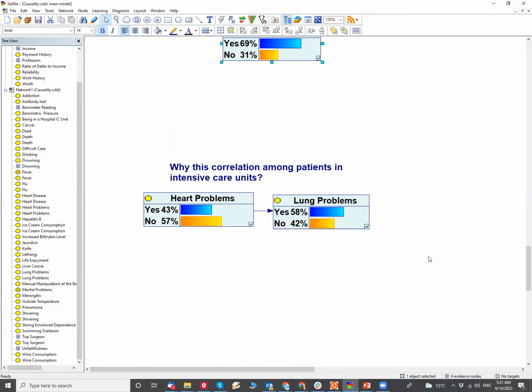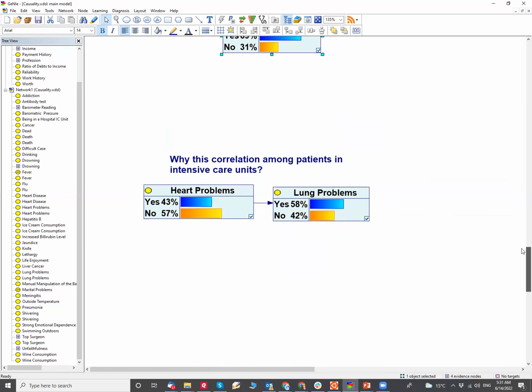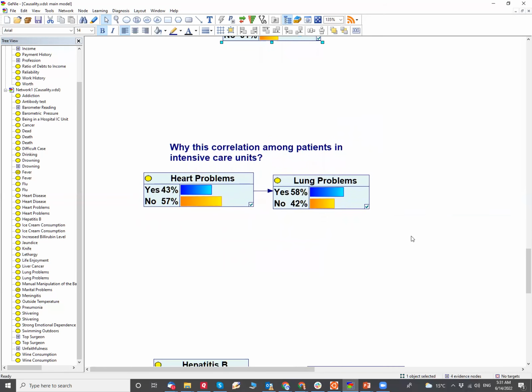Here is an interesting thing for you because many of you work with data analysis. It is a fact that there is a strong correlation between heart problems and lung problems in intensive care units. So if I observe that a patient has heart problems, the probability of lung problems goes down, and vice versa.